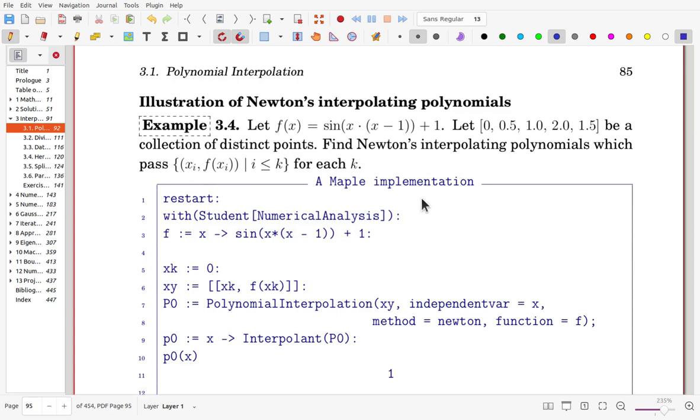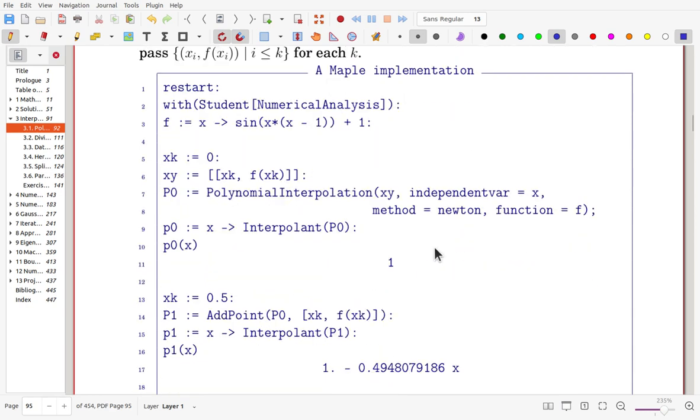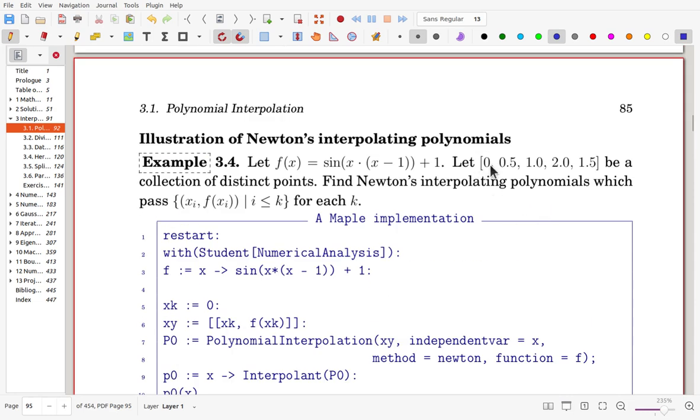Okay. Now in the Maple implementation, for comparison purposes or function evaluation purposes, we defined the function in the beginning, and xk is 0. That is the first point now, 0, and xk, f at xk, so that is 0, f of 0.